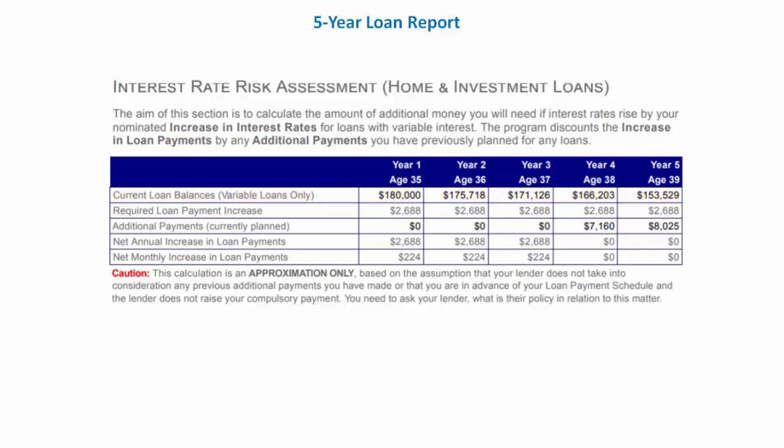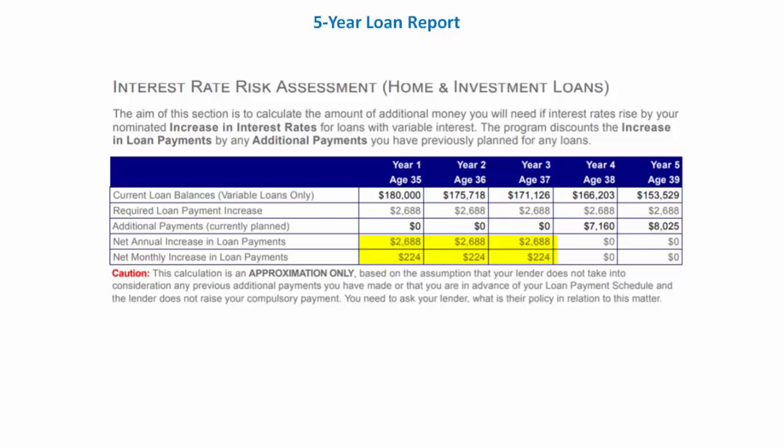The program calculates how much the loan payments will rise. From this amount, the program automatically deducts any allocation to additional loan payments. The reasoning is that those additional payments can be applied to the loan increase and have already been accounted for in the plan's cash flows. The table then calculates how much extra money will need to be found on both an annual and monthly basis.